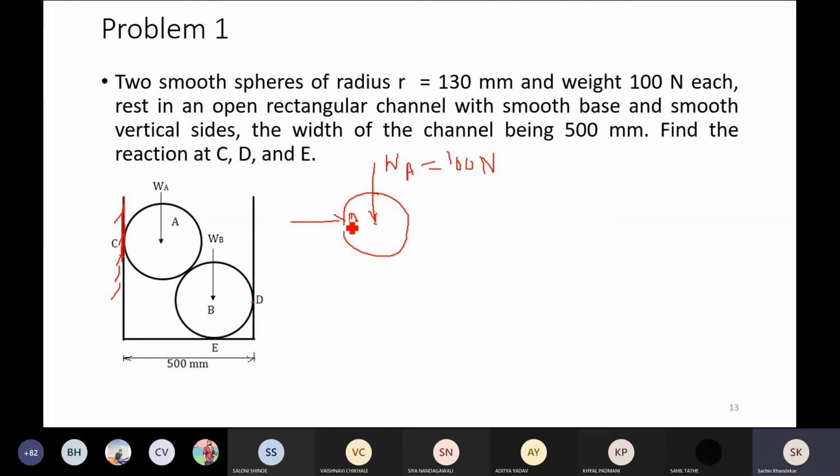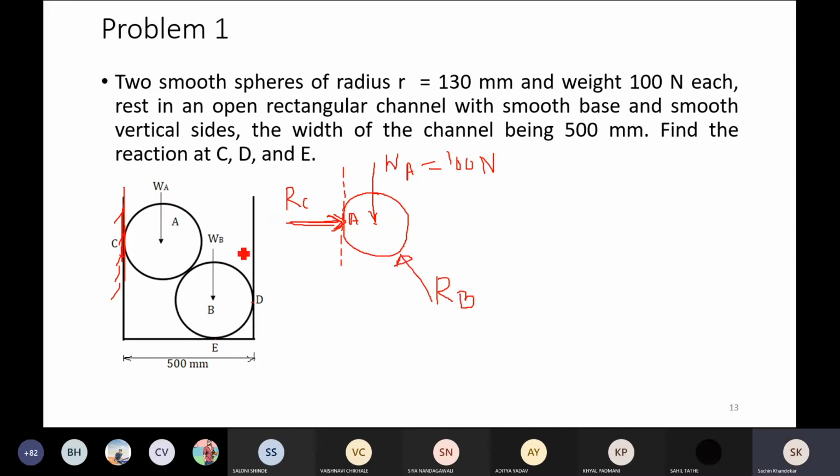This is a vertical wall, and of course it is a smooth vertical wall. So here there is one reaction RC, which is perpendicular to the vertical wall. Please note that. So RC is in the horizontal rightward direction, right? Next, the body which is in contact with body A, as we are drawing the FBD of A. Here there must be a reaction offered by cylinder B onto A, which I am terming RB.